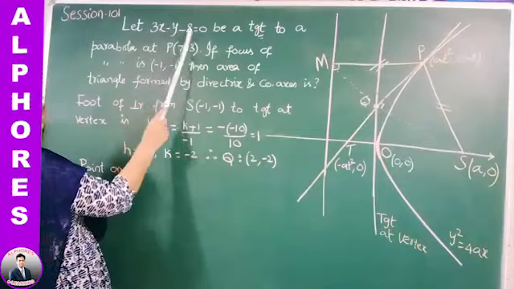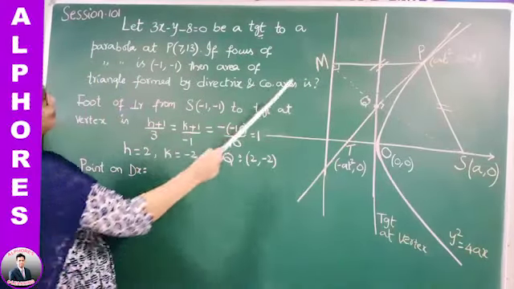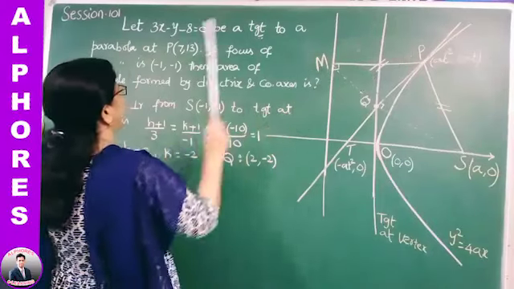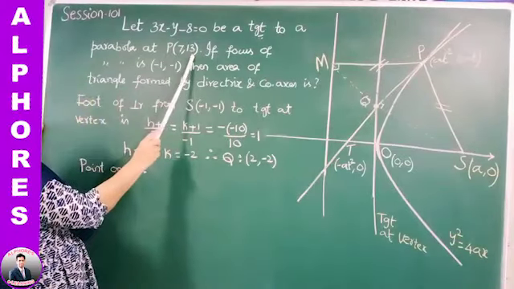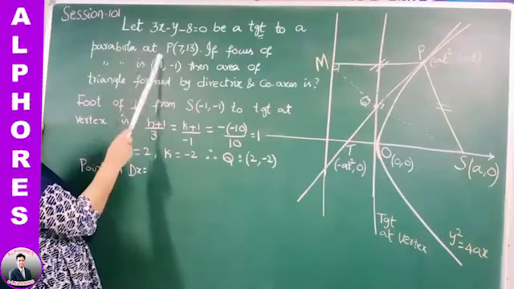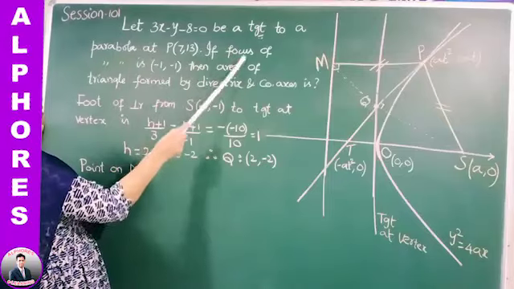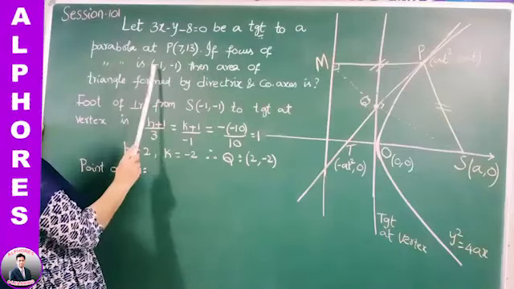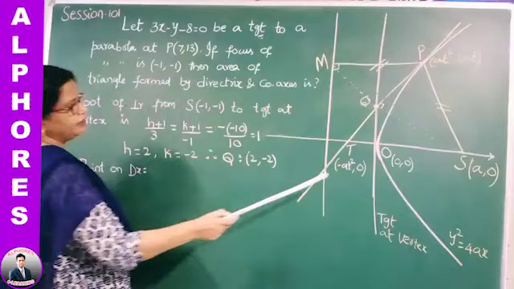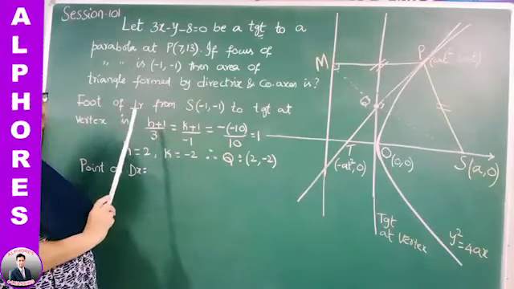So this tangent is drawn at the point P, the point of contact, given as 7, 13. Whenever it is given, it implies the point is on the parabola, right. And what is the other data given? The focus of the parabola is minus 1, minus 1. That means the focus is minus 1, minus 1.